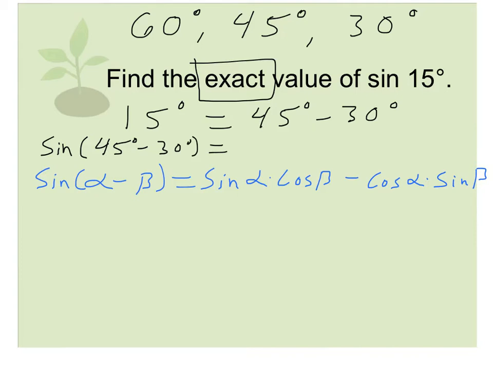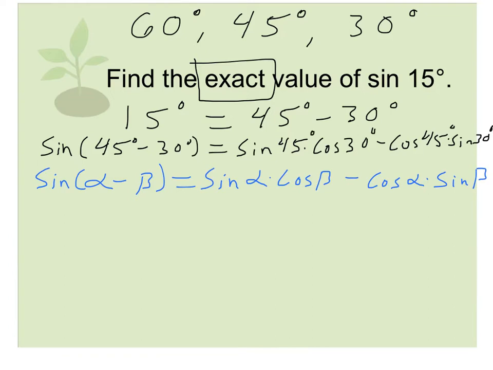Now if I were to proceed with the numbers that I had, what this would then say is the sine of 45 times the cosine of 30 minus the cosine of 45 times the sine of 30. And I should have marked on all those that we are working with degrees.